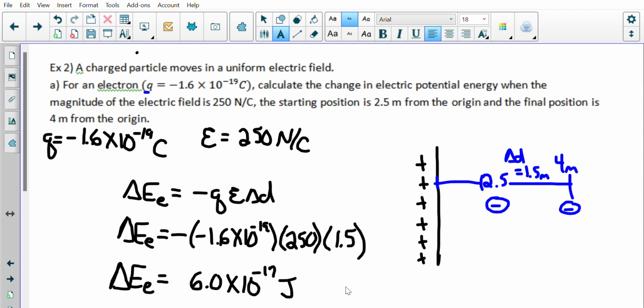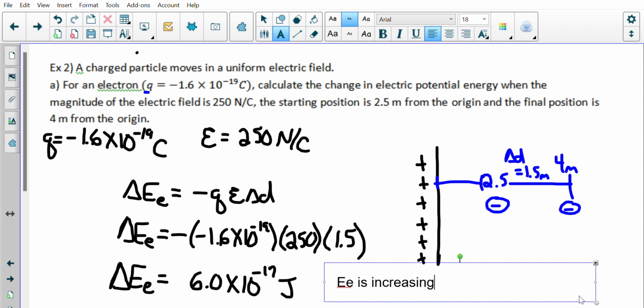And so again, what's happening is our EE, our electric potential energy, is increasing because the electron is attracted to the positive plate.